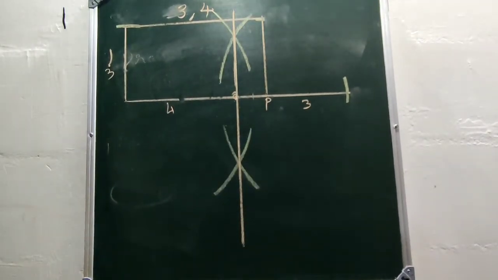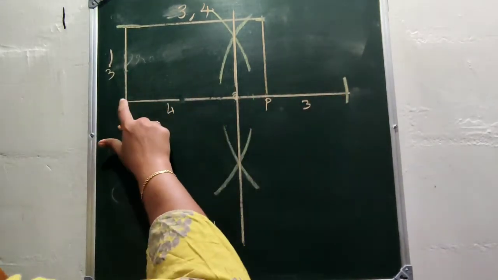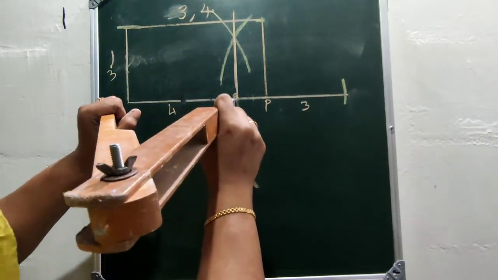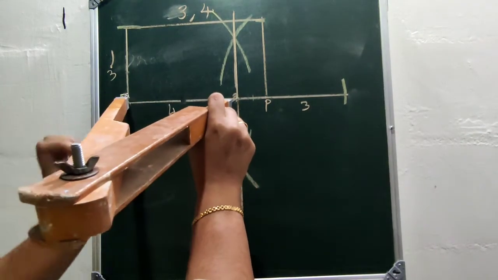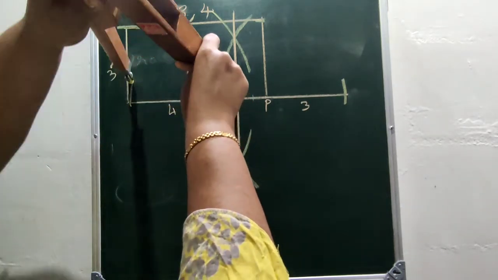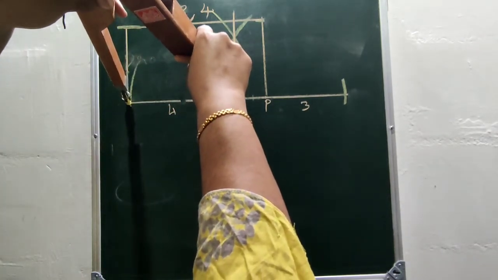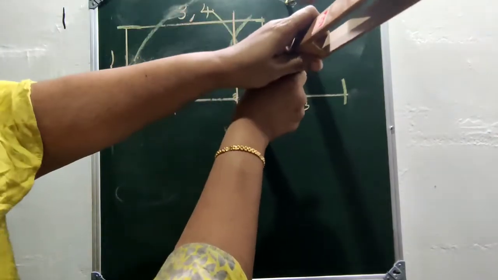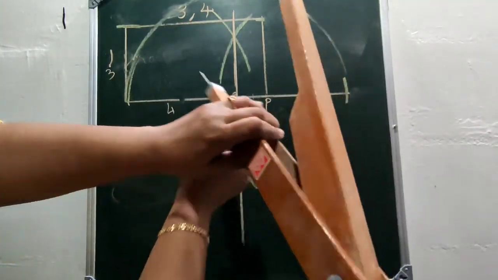Now draw a semicircle keeping that point as center and the length to either end as radius, like this. So this is our required semicircle.